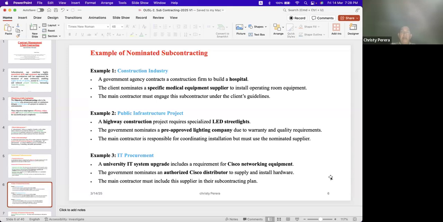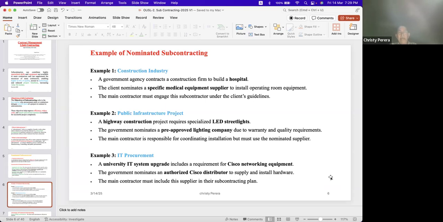Now he tells the main contractor, okay, I will give this company, he will do the LED street lights on the highway. He is the nominated subcontractor. The main contractor is responsible for coordinating installation, but must use the nominated supplier or nominated subcontractor.